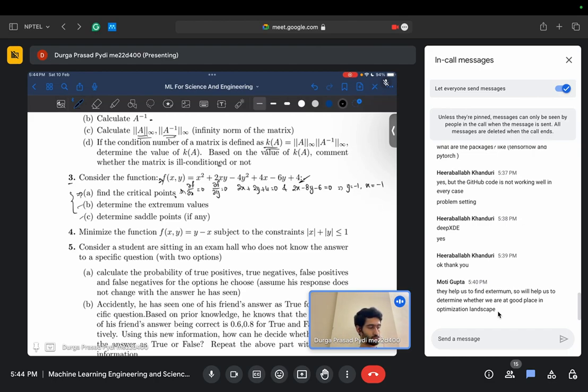Minus 2 plus 8.6, so this should be fine. Minus 1 are your critical points, and then from there you can determine the extremum values. So this should be straightforward.